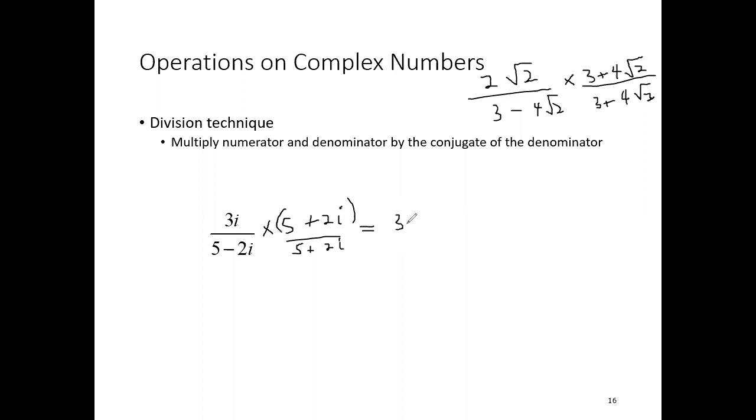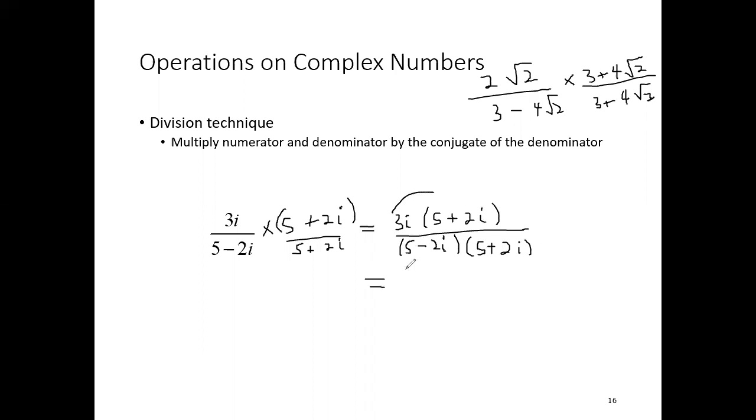So we have 3i times 5 plus 2i, over 5 minus 2i times 5 plus 2i. Then we can expand.